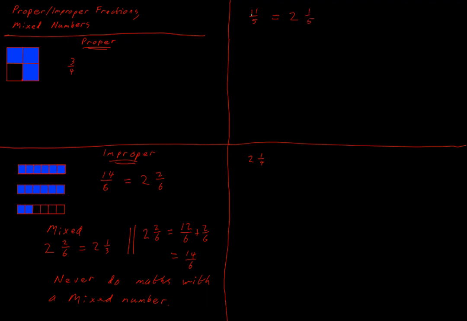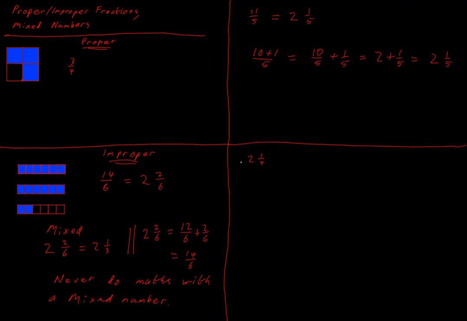So writing that out a slightly longer way, I could break this up into 10/5 plus 1/5, which is 10 divided by 5 is 2, plus 1/5, which we write as a mixed number as 2 and 1/5.